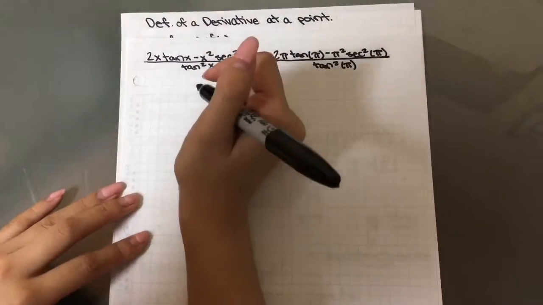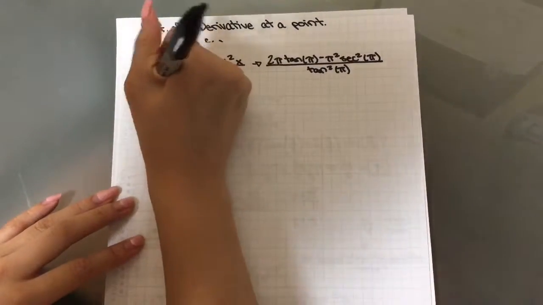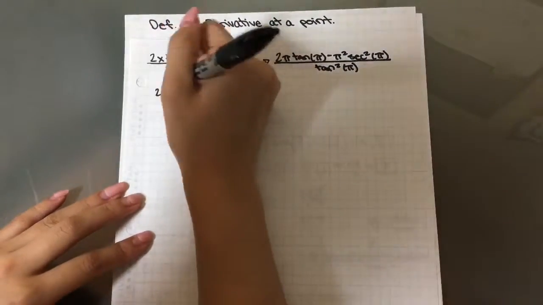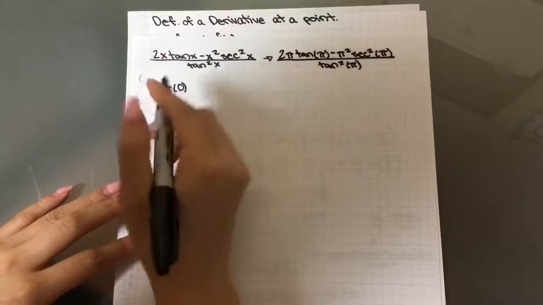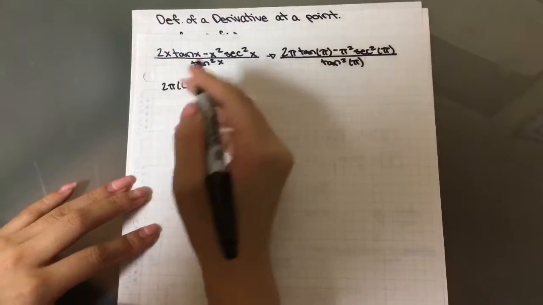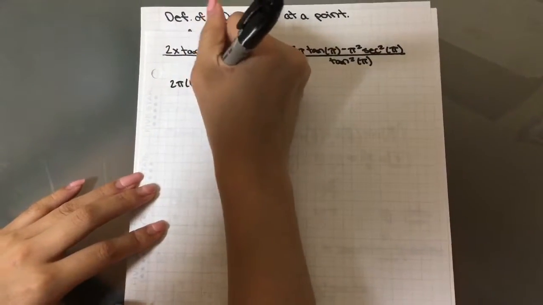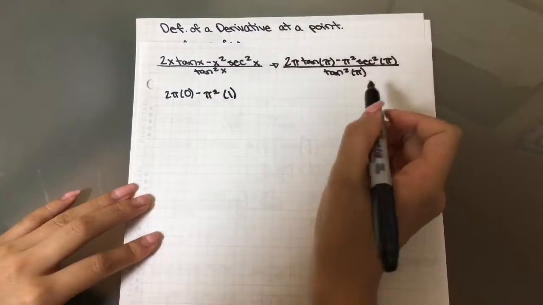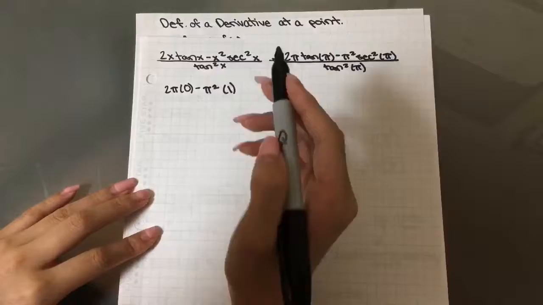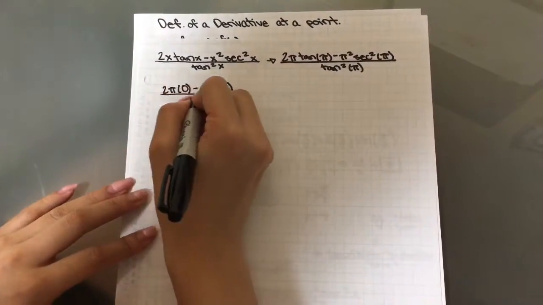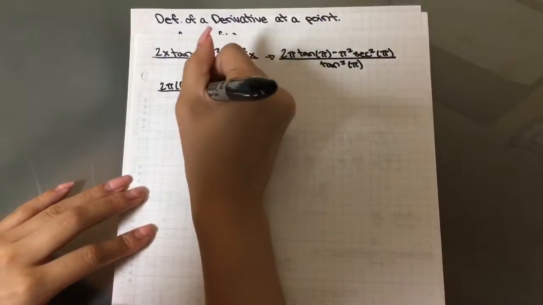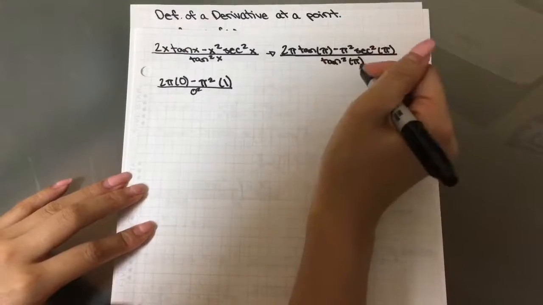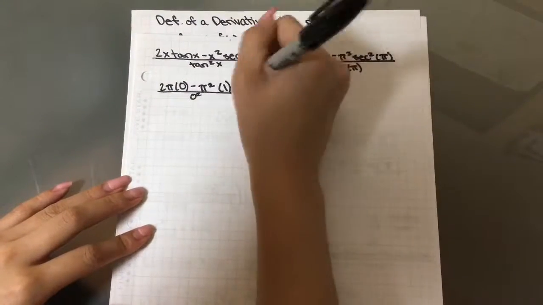So it'd become 2 pi times 0, because the tangent of pi is 0, minus pi squared times 1, because the secant squared of pi is 1, all over 0 squared, because tangent of pi squared is just going to be 0.